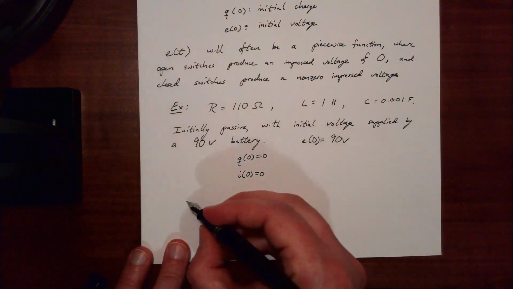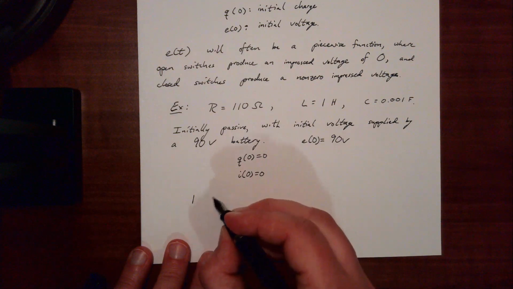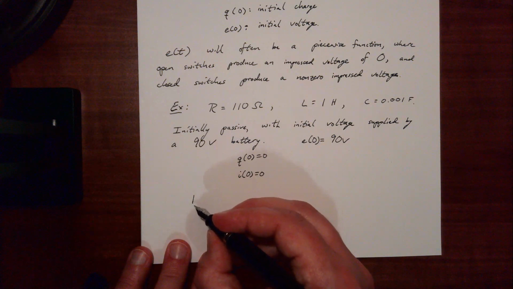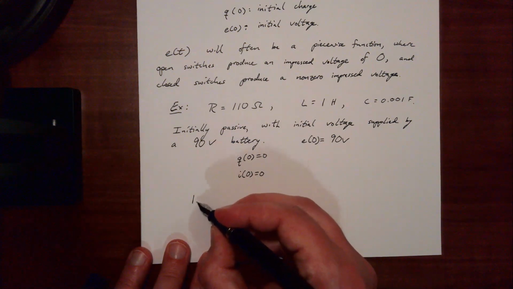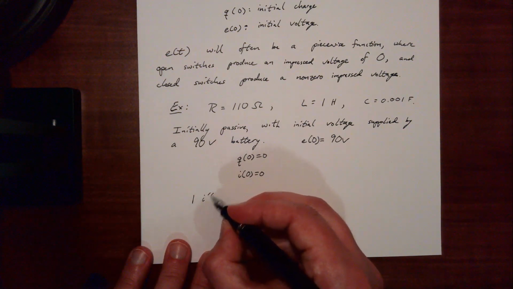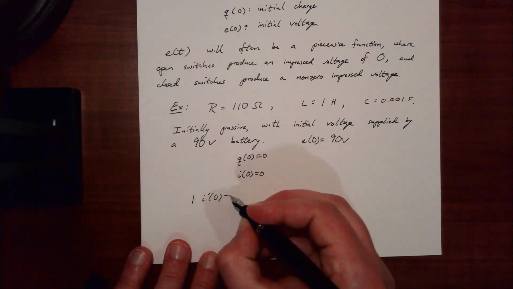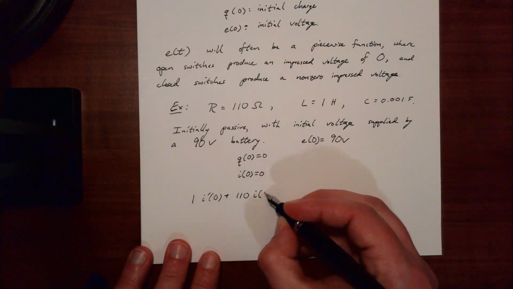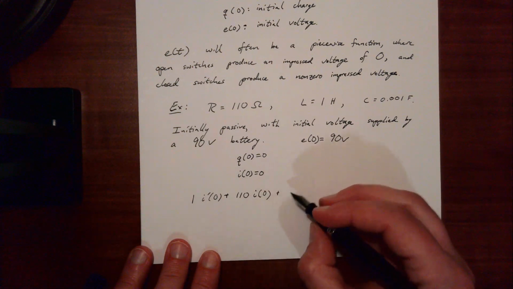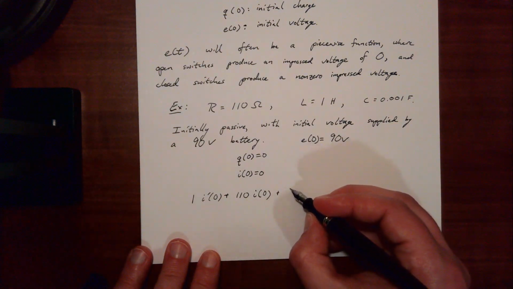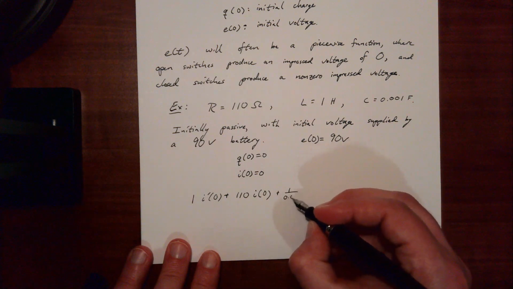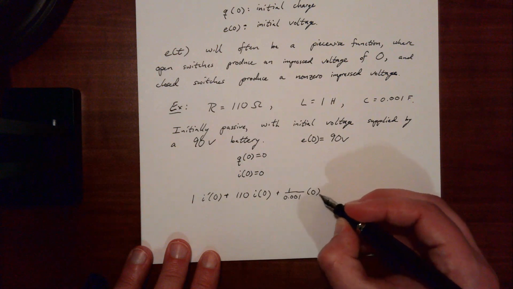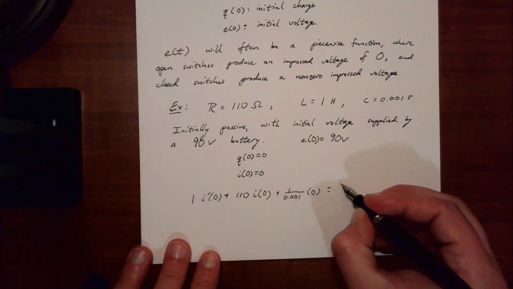Okay, well then, so we have the LRC, so we have 1 times I prime of 0 plus 110 times I of 0 plus 1 over 0.001 times 0 is equal to 90.